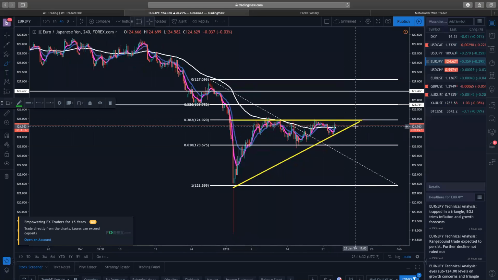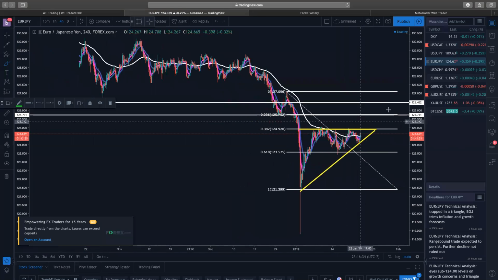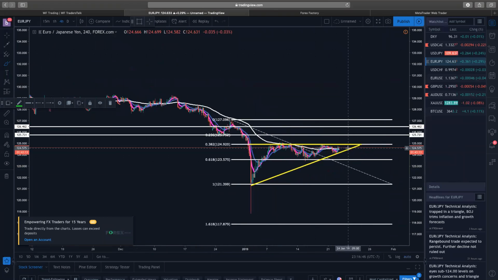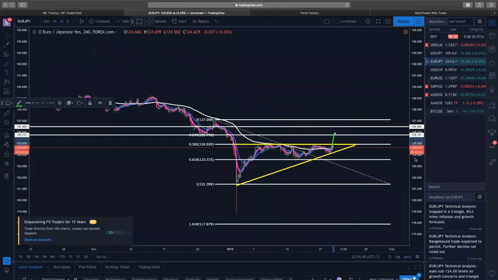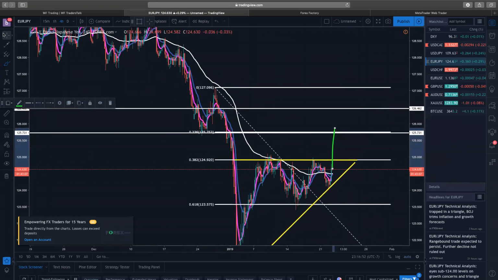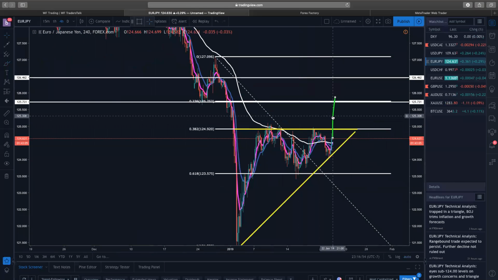So I would like to see it continuing in its uptrend direction, but we definitely might get that breakout to the downside. I don't really trade EURUSD like that, but if I had to pick, I'm definitely thinking that this pair is going up. I would be favoring the upward direction on EURUSD for that move.